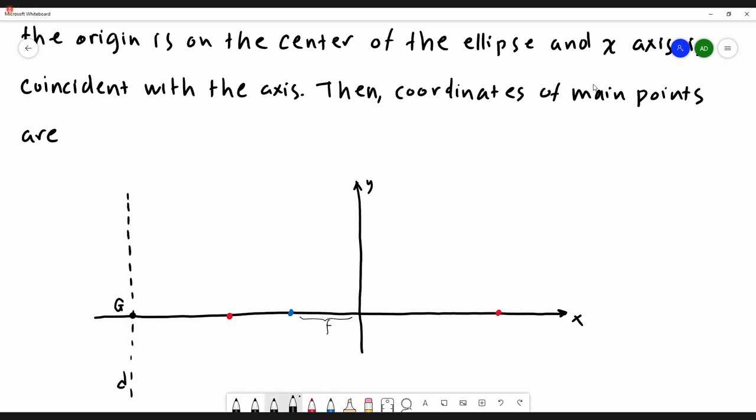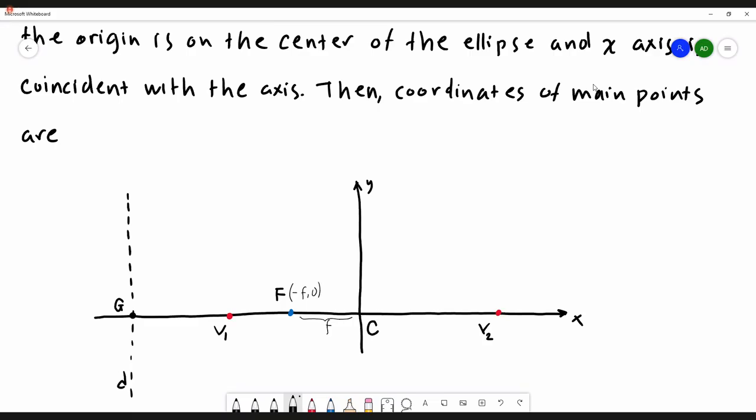And this point is C. This is V2. Later on, we will call this V1. And this is V1. And this is the focus of the ellipse. Now the focus has coordinates minus f and 0, obviously.